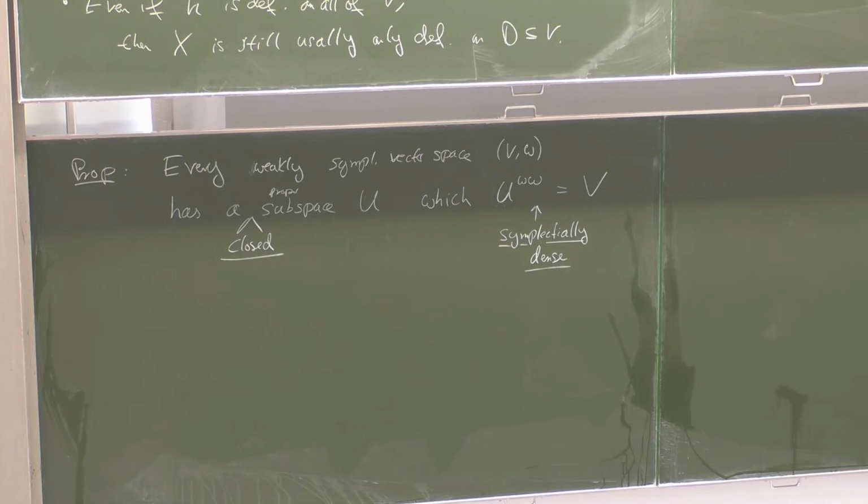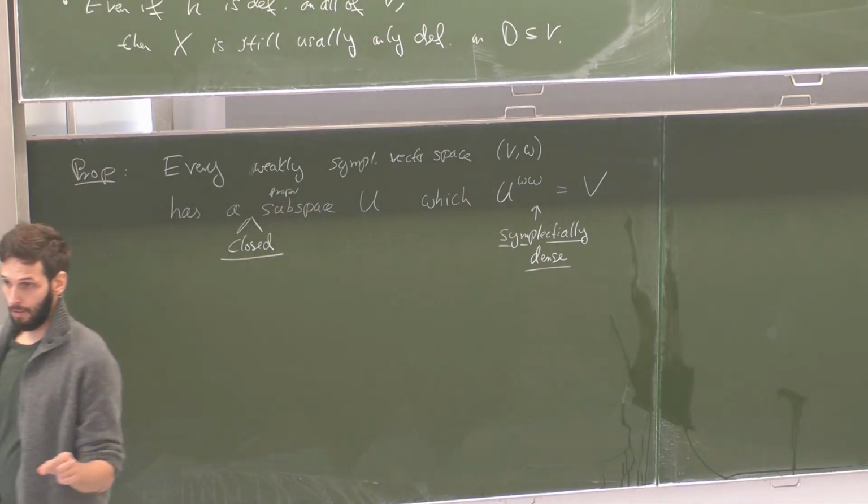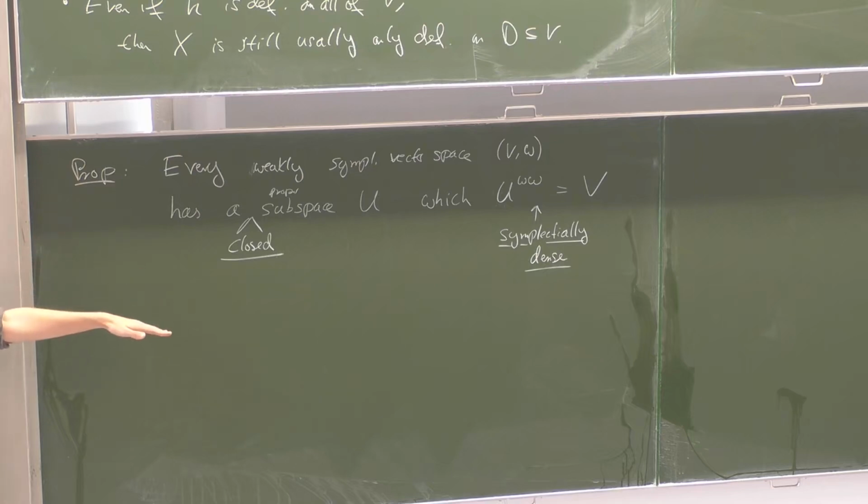Actually, in one of the papers of Marsden and Weinstein, where they do symplectic reduction, they assume a symplectic form which lives a priori between weakly and strongly, namely it has the property that if you take two times the symplectic orthogonal, you always get the subspace back. But this proposition shows that once you have that, you're automatically strong. So the class of symplectic spaces that they consider is automatically strong symplectic.